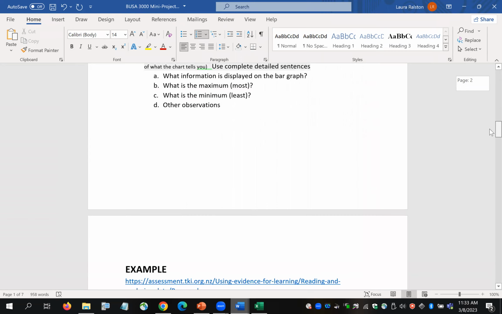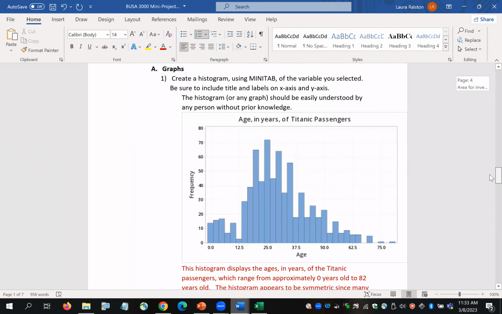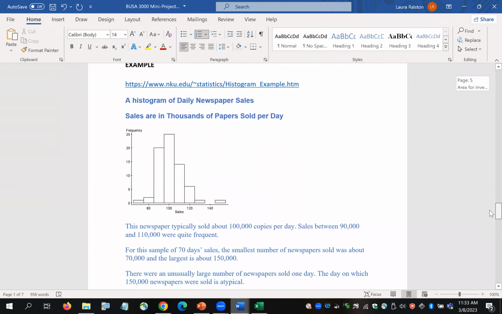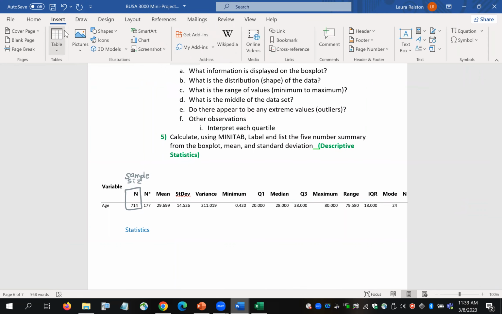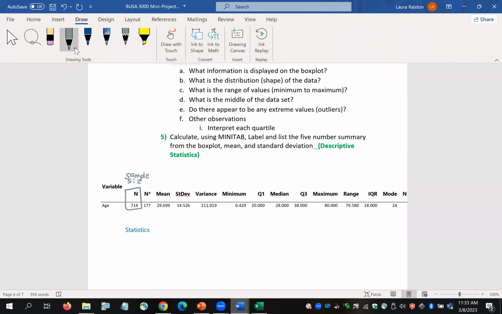It also tells me, because sometimes in a data set, when you're collecting data, maybe somebody doesn't respond to one of your questions, or you can't read their response, or their response maybe is not what you were looking for. So you have to document if you have missing data. Okay, so N star is your missing data.